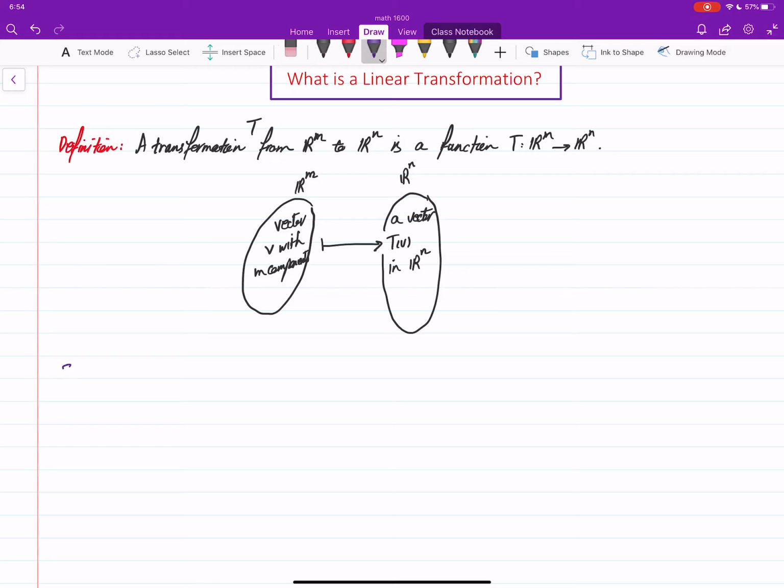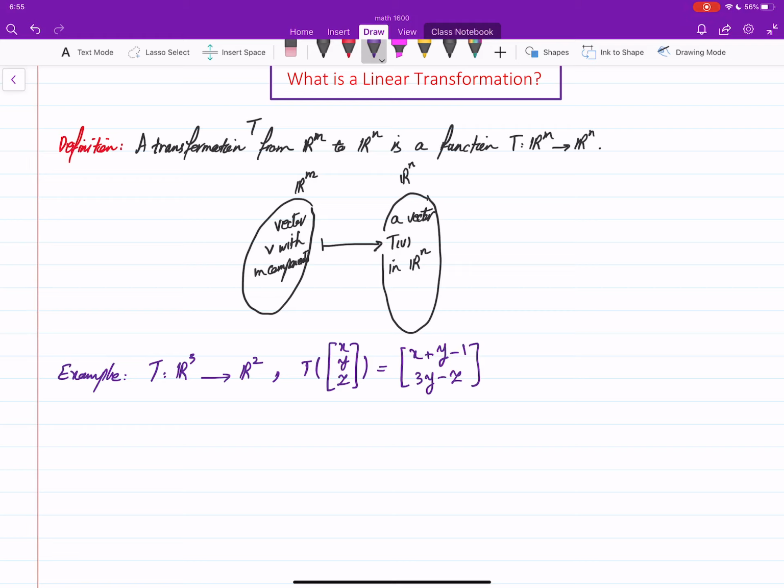For example, we have T going from R3 to R2, which does this thing: it takes a vector with 3 components and sends it to something with 2 components, like x plus y minus 1, 3y minus z.